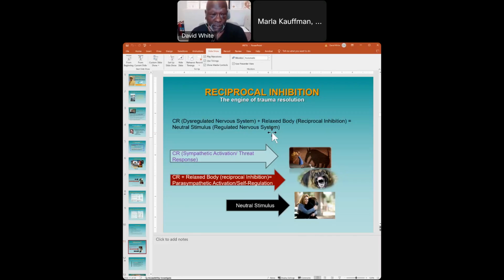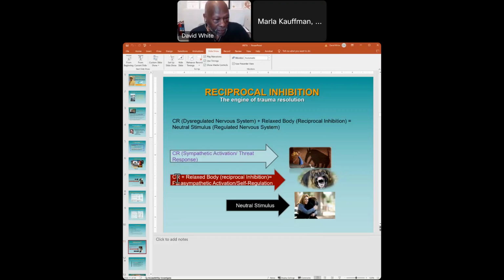And as I said, it is not possible for you to have the constricted, tense muscles of the sympathetic nervous system at the same time that you have relaxed muscles, which we refer to as your parasympathetic system. So if you look very briefly through these pictures, you have the conditioned response of sympathetic activation, and that immediately puts you into a threat response.